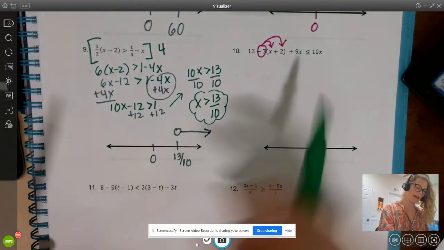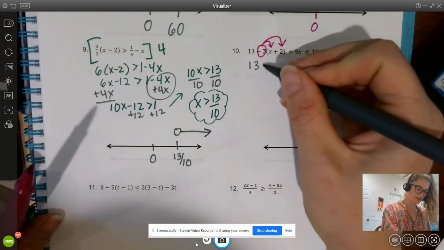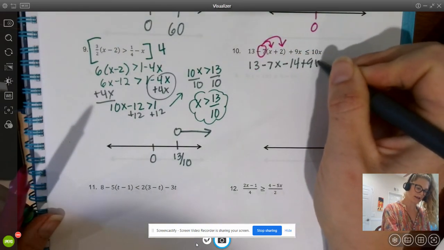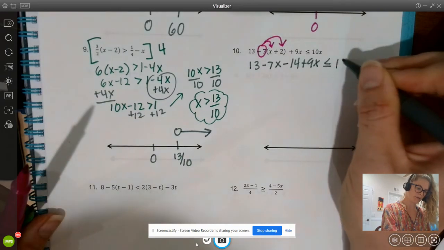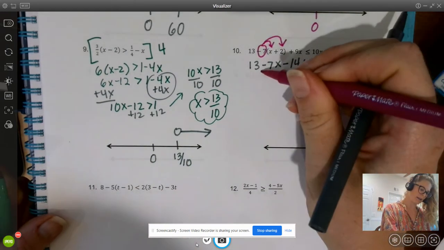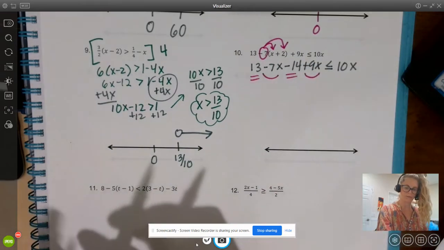Did you notice it was a -7? From here, we have 13 minus 7x minus 14 plus 9x is less than or equal to 10x. I'm going to sort my like terms, so I have a -7x and a 9x and a -14 and a +13.